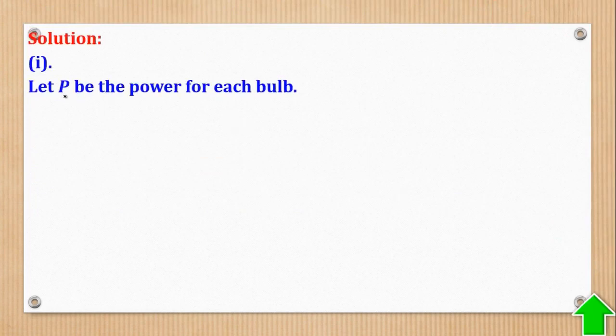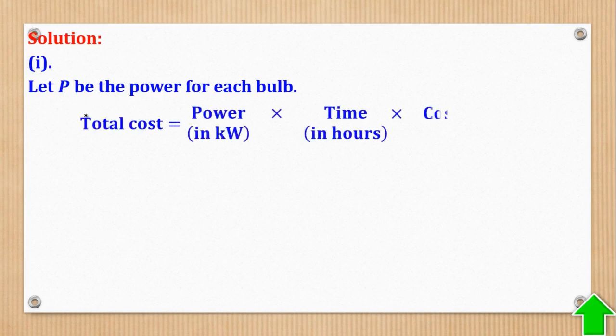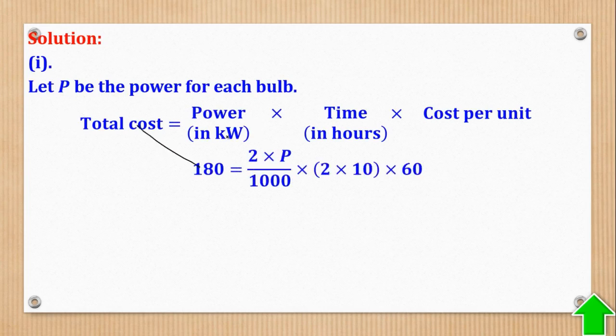So you come and say let P be the power for each bulb. Quote the formula and substitute. Total cost, there are 2, so it will be 2 times P. 2 times P is in watts, then divide by 1000 to make it kilowatt. 2 hours for 10 days, then cost per unit.